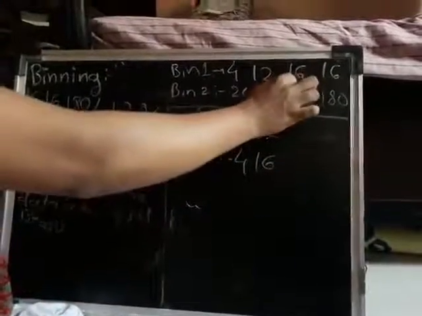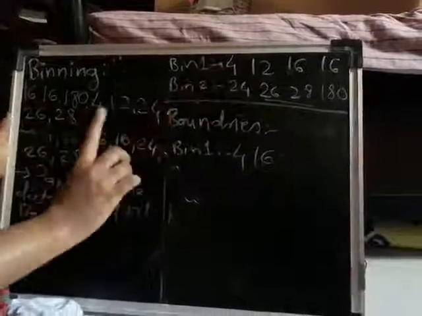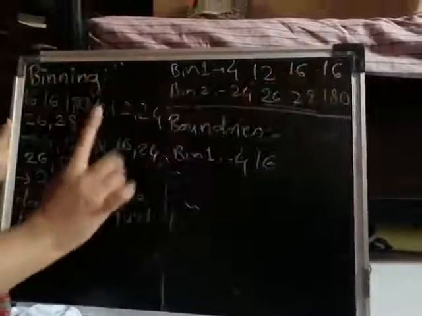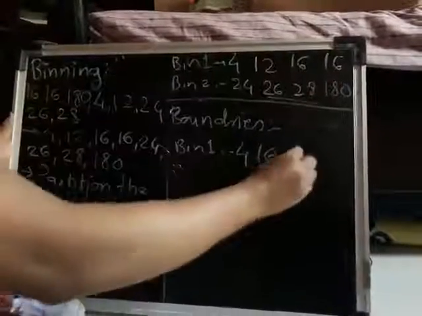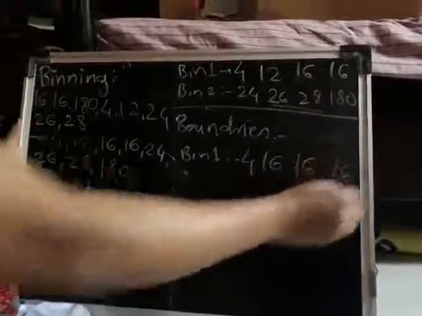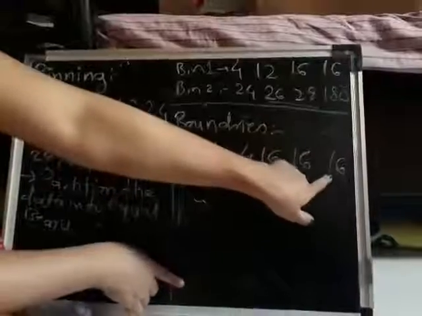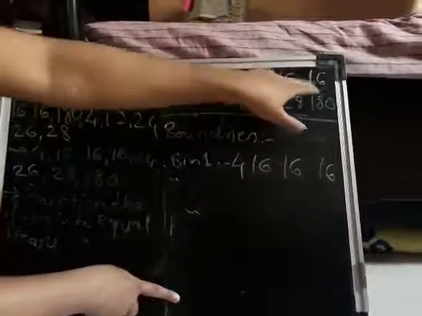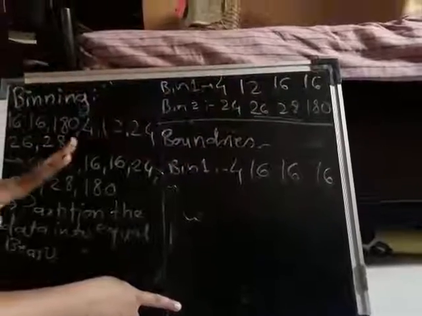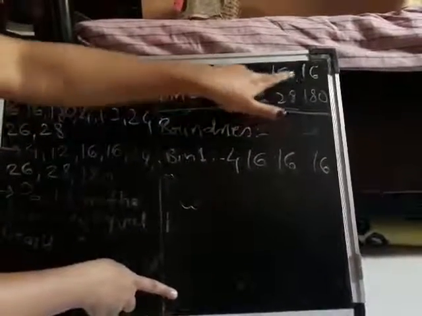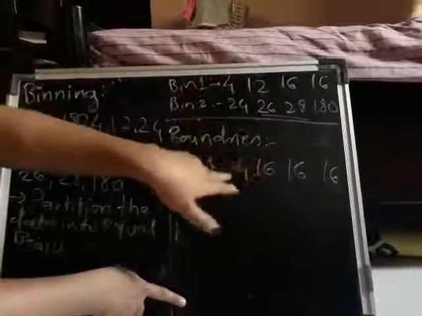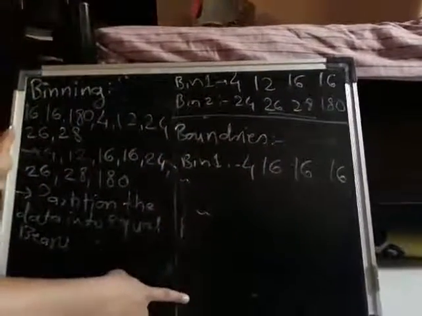Now the difference between this 16 and 4 is 12, but the difference between 16 and 16 is 0, so 16 is replaced with 16. The upper boundary we write as it is. Only the elements in the middle we have to check against the upper and lower boundaries.